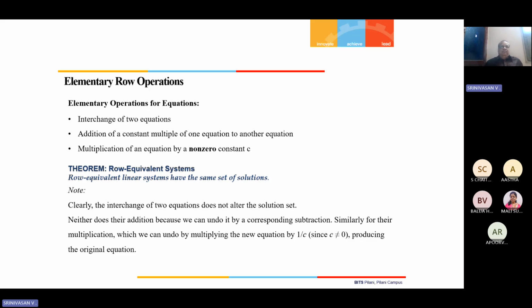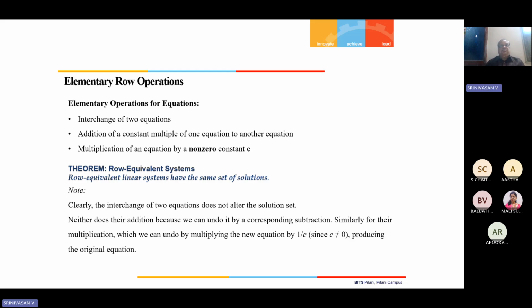Then row equivalent systems. Row equivalent linear systems have the same set of solutions. Clearly, the interchange of two equations does not alter the solution set. So that we could have seen. These things will be useful for you. I think you would have done it in your MCQ also in the first quiz.